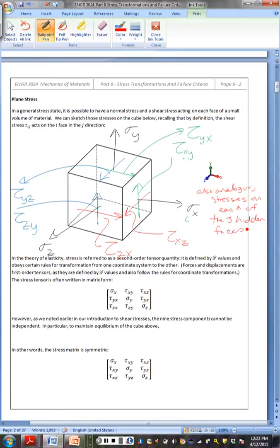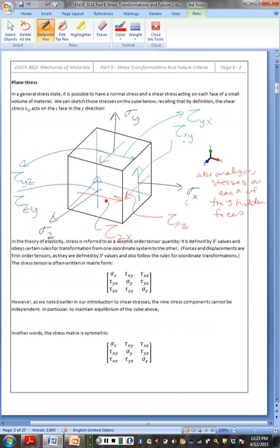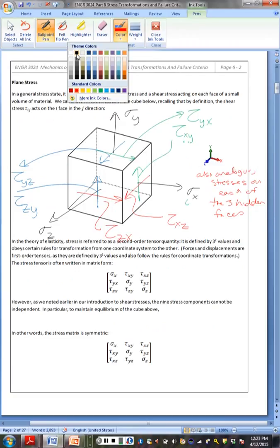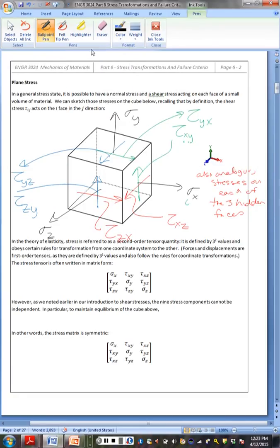So, how do we keep this from being an absolutely untenable situation? Well, we will learn how to deal with it in matrix form for one case, but there's also some simplifications that we can do. But first, this collection of values, stress, is what we call a second order tensor.